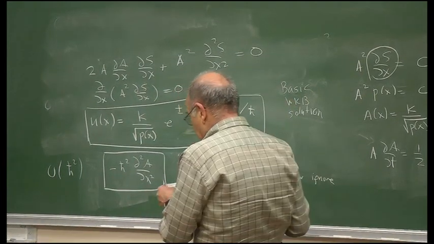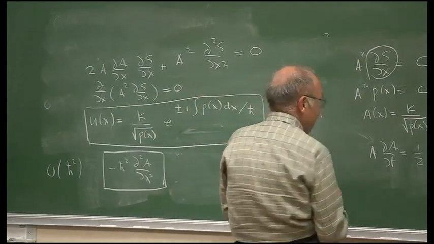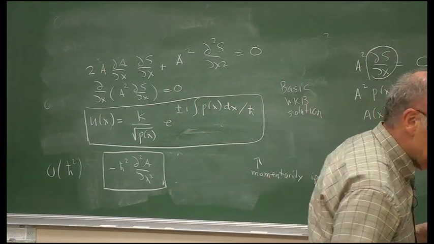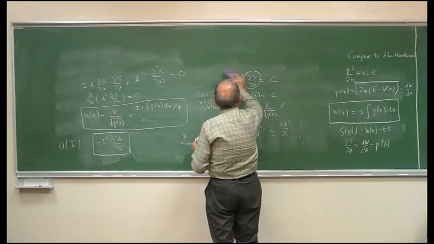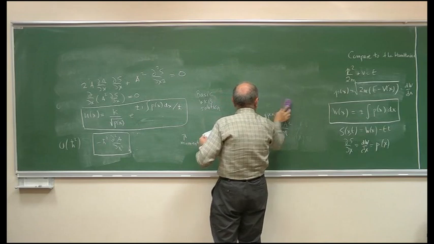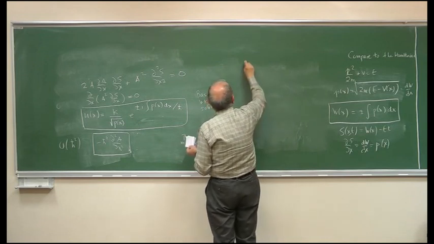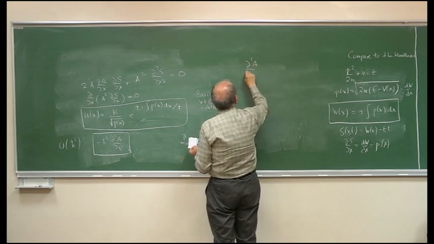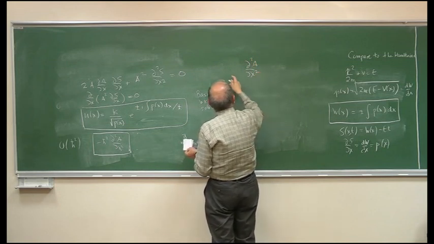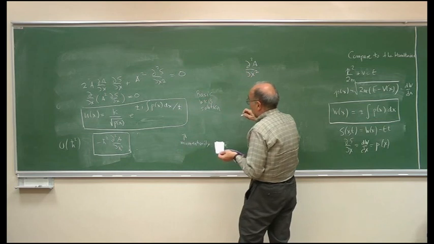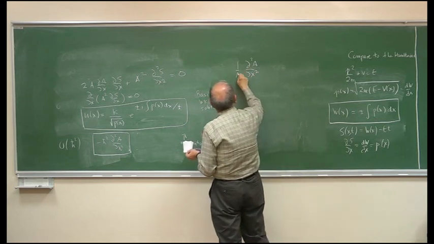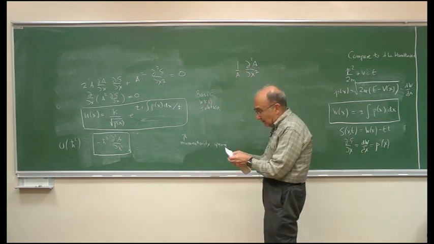Let's look at the second derivative of A, which, times h-bar squared, is the error, and we can divide it by A to scale the error.